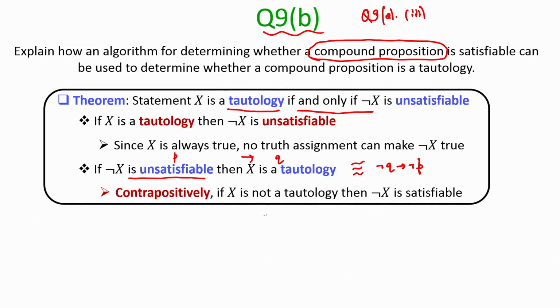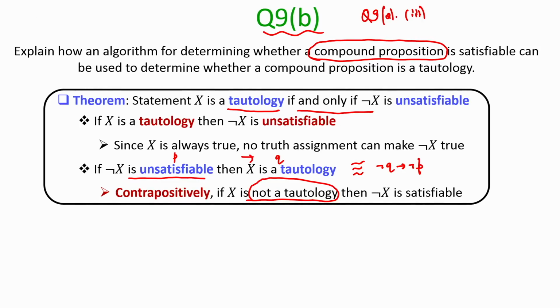And indeed, this implication that if x is not a tautology, then negation of x is satisfiable is a true implication, because if x is not a tautology, that means it is not the case that x is always true. That means there is one truth assignment for which x is false.